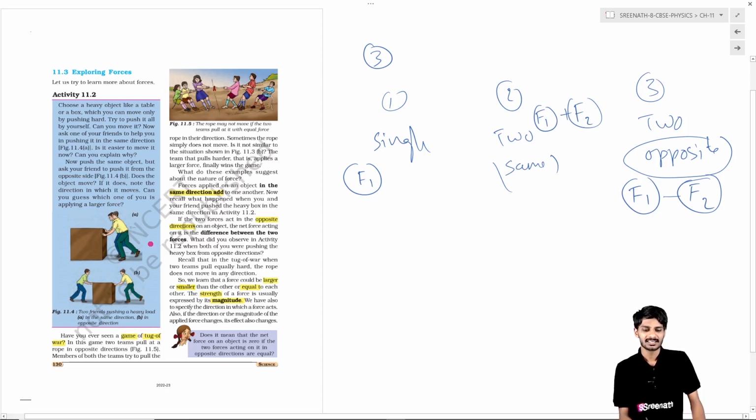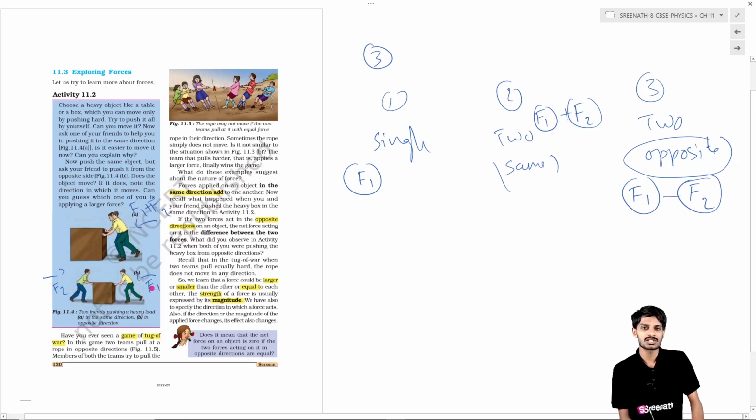Due to that reason that block has moved. But in the other case, there are two forces acting on the box. This is the F1 force. This is the F2 force. They are acting in the opposite direction. F1 plus F2, they are acting in the same direction.